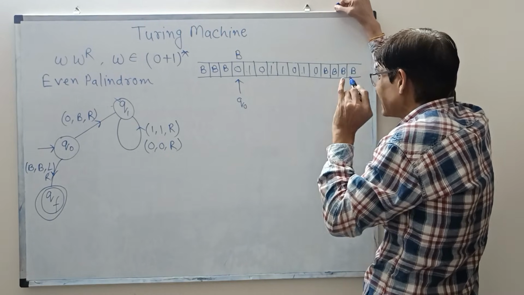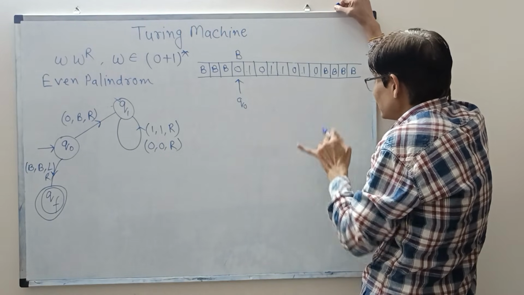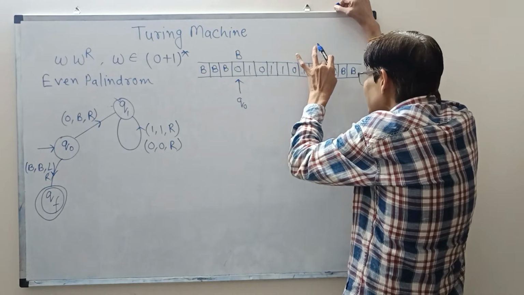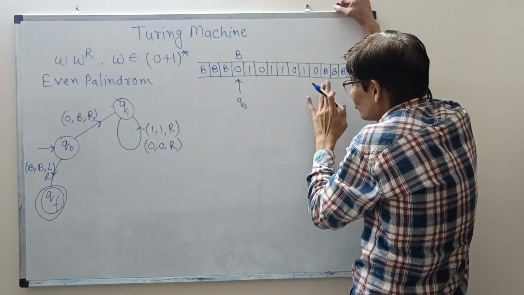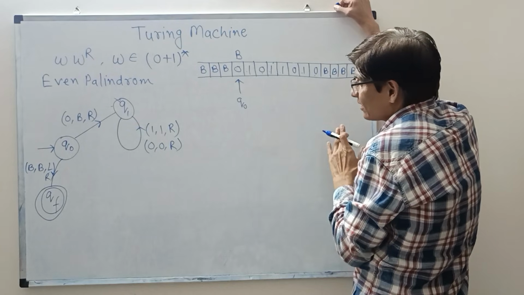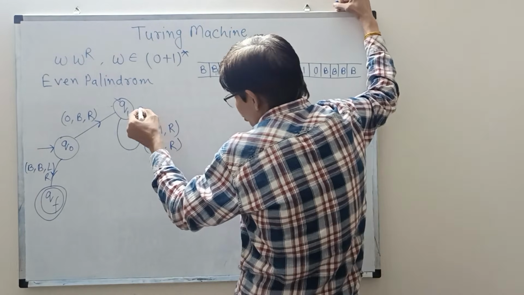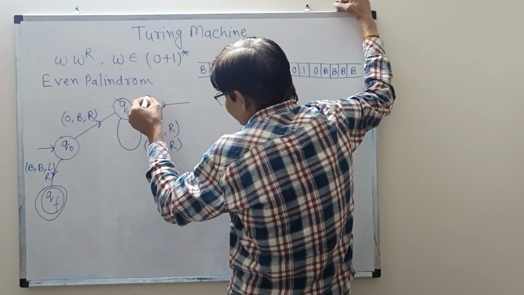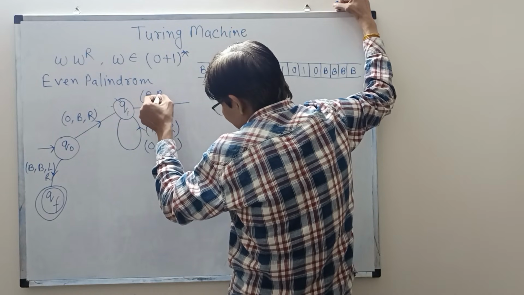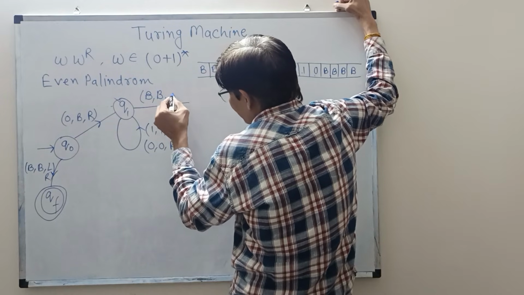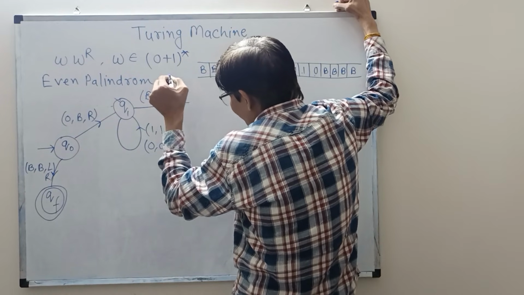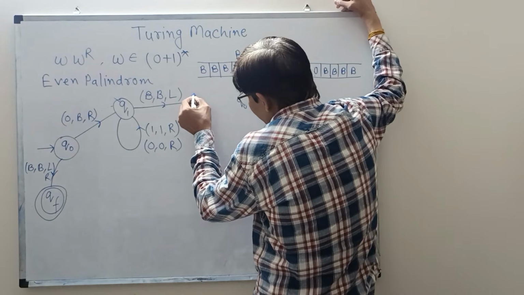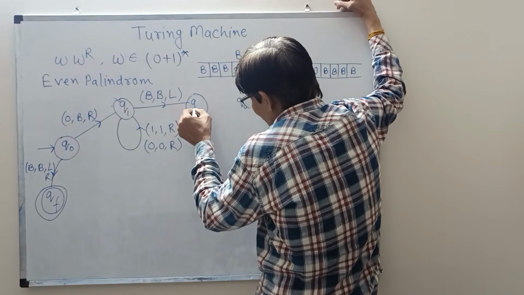So whenever you get a blank on Q1, what do you do? You leave it as it is and you reverse the direction of movement. So on Q1, if you get blank, we leave it as it is, but this time the direction of movement is left and you enter a new state, which is Q2.